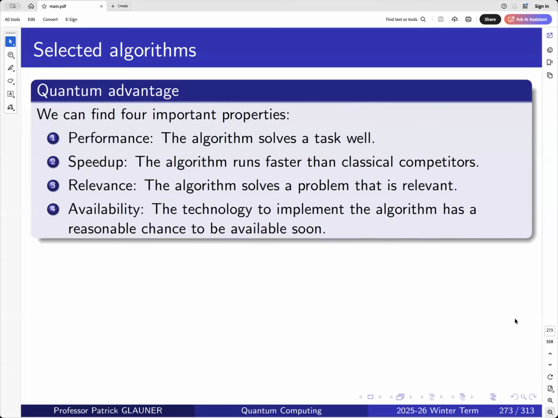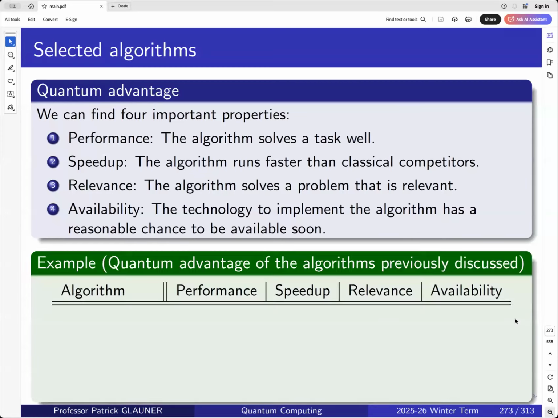And then there's another property, which is availability. Availability means that the technology to implement the algorithm for a sufficient input size has a reasonable chance to be available sometime in the foreseeable future. So we can actually implement it on a quantum computer that is large enough.